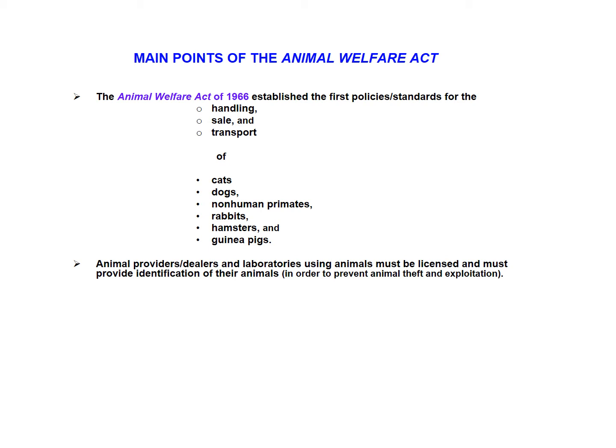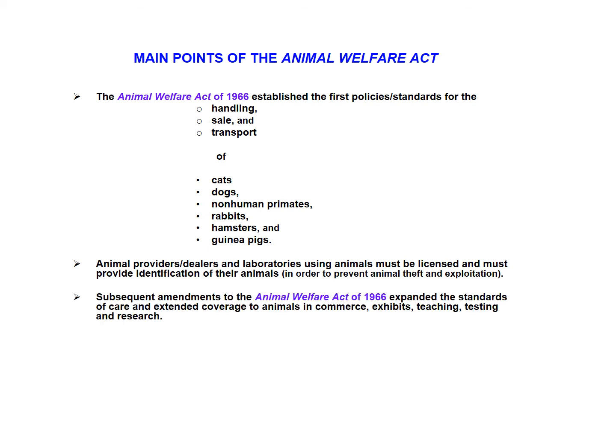These particular practices are strongly prohibited by the Animal Welfare Act and all the subsequent amendments. In addition, the Animal Welfare Act, with the various amendments, was expanded and included details regarding the care of animals in commerce, exhibits, teaching, testing, and research.